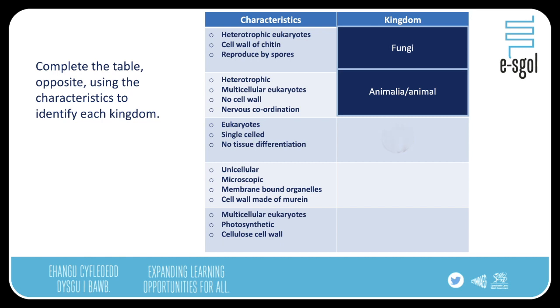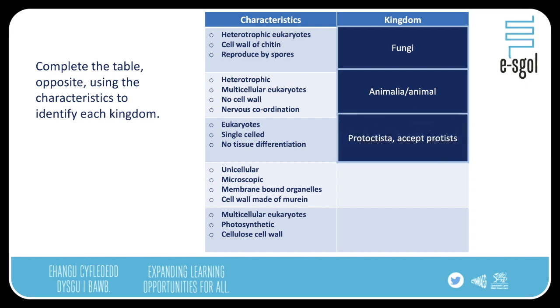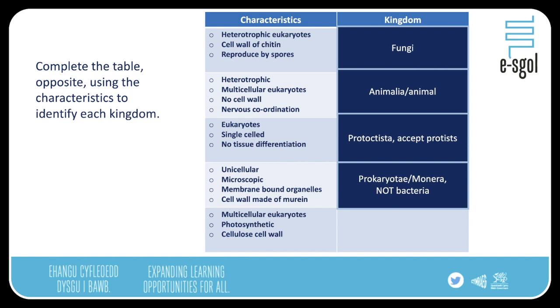The kingdom with the characteristics of eukaryotes, single-celled, no tissue differentiation, is Protoctista, but the examiner will accept protists. The kingdom with the characteristics of unicellular, microscopic, membrane-bound organelles, cell wall made of murein, is prokaryote, Monera, but not bacteria.